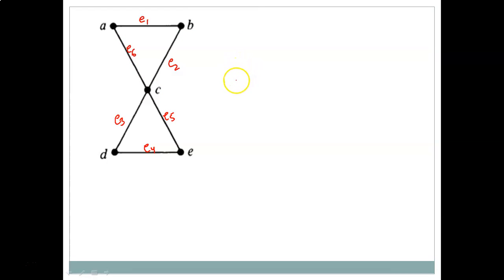Now let us see, can we find an Euler line or Euler circuit in this graph starting from one vertex? Let us start from this vertex A.